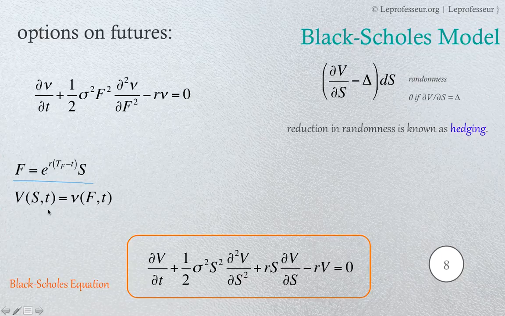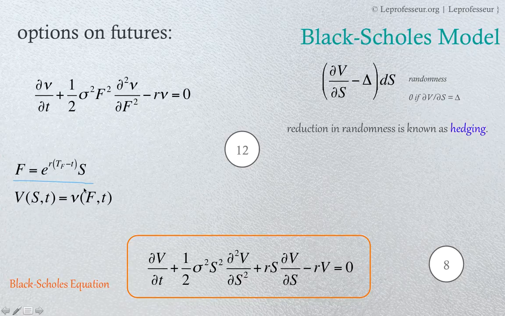And we have just used nu instead of V in the original Black-Scholes equation, and we got options on futures instead of options on stock. Okay, so far it's a very similar analogy. When we were using capital V, we were using options on stock, with the stock price.